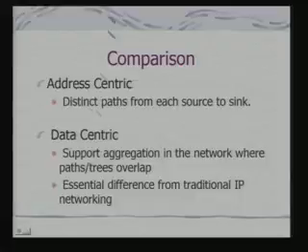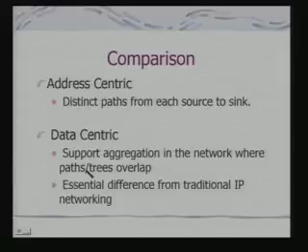So, what we have in terms of comparison, because this data centric routing you will not find in a classical network. Classical network is always address centric routing. So, in address centric routing, each path is from source to sink. So, you have got distinct paths from each source to sink. In data centric routing, we support aggregation in the network where paths or trees overlap. Okay, there may be multiple paths.